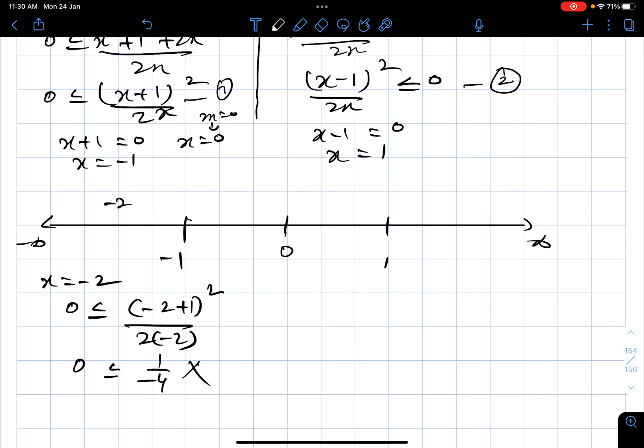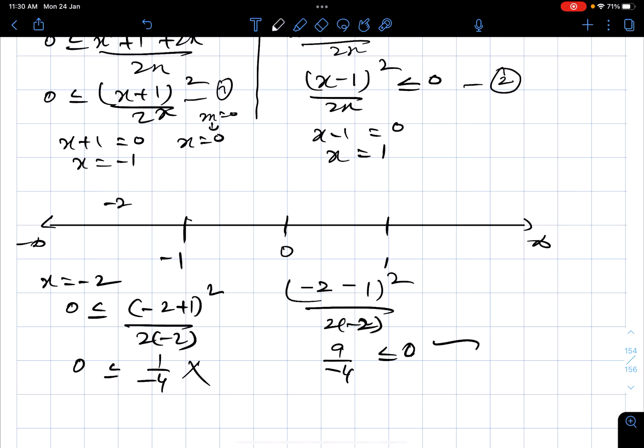In the second one, minus 2 minus 1 the whole square by 2 into minus 2, you get 9 by minus 4, which is less than or equal to 0. So this is true. Both the equations should satisfy the condition, then only it is true. So this region does not satisfy the condition.